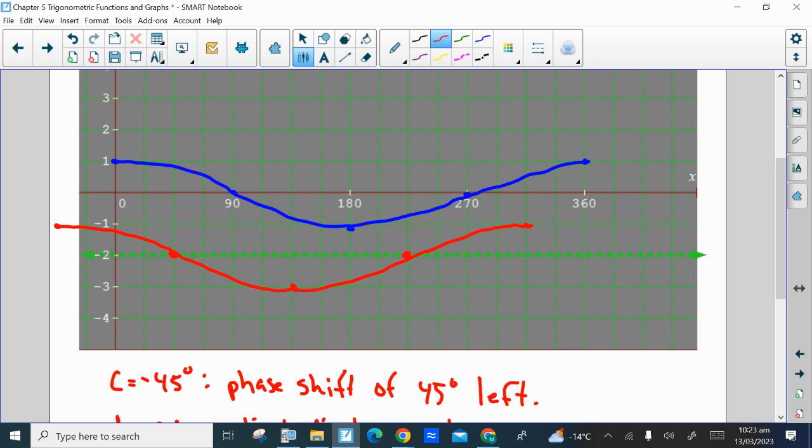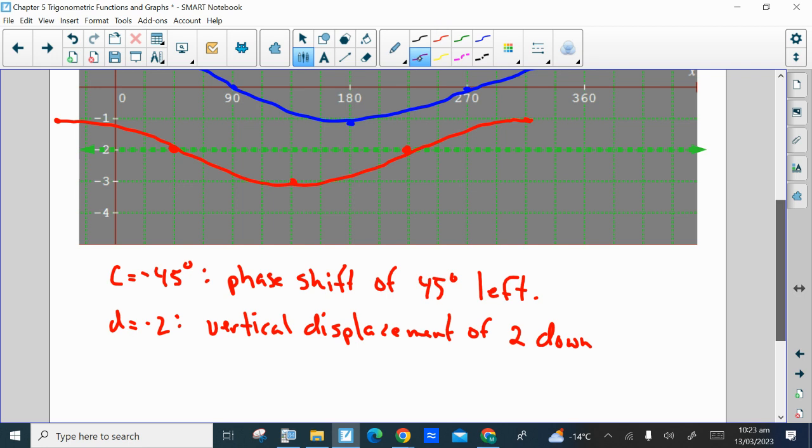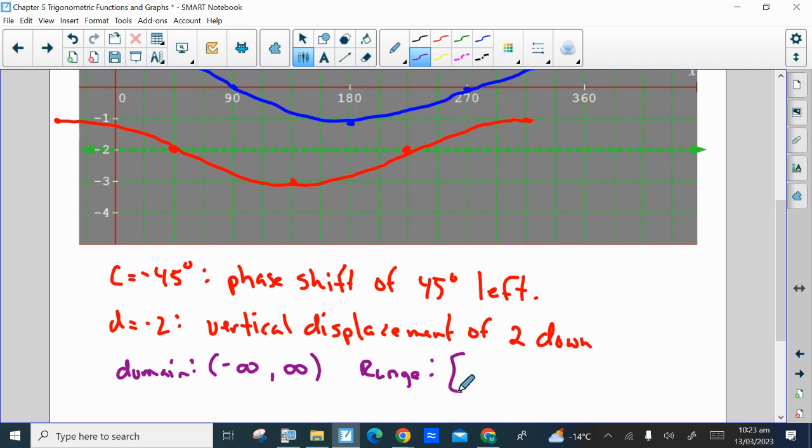There's the graph, one cycle of that graph. And the domain won't change. We only graph one cycle, but it'll still go from -infinity to +infinity. But our range changed. Now it went from a minimum of -3 to a maximum of -1.